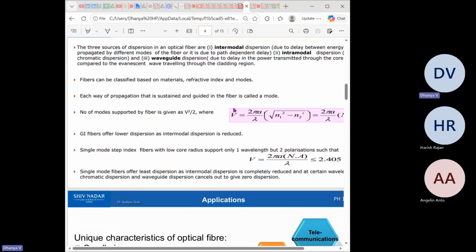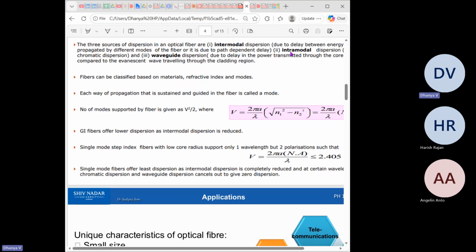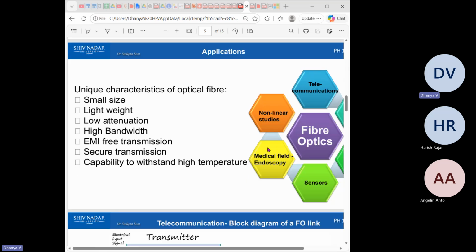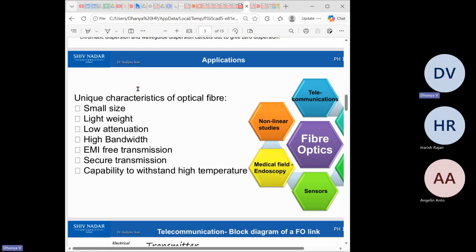And again, these formulas that we already looked into: intermodal, intramodal, and then the waveguide. Intramodal essentially is the chromatic dispersion. Don't get confused. We've already talked about the V number, which has to be less than or equal to 2.4 for it to be single mode. Otherwise, it's multimode. And then you need to know the applications.